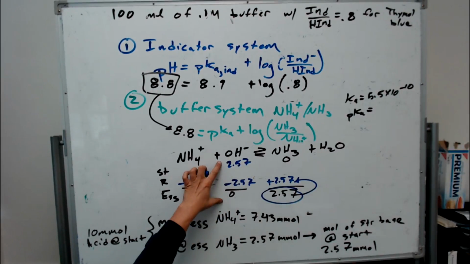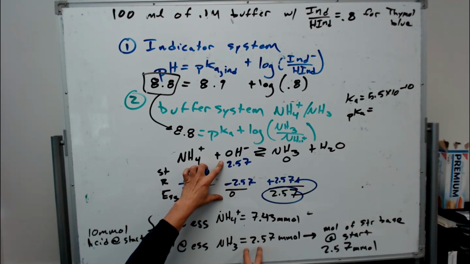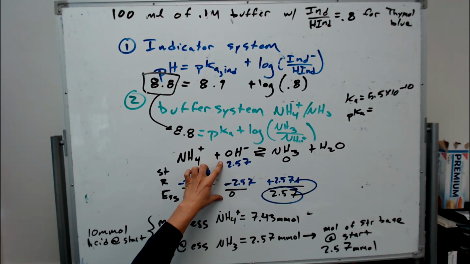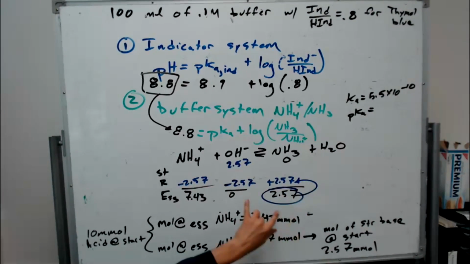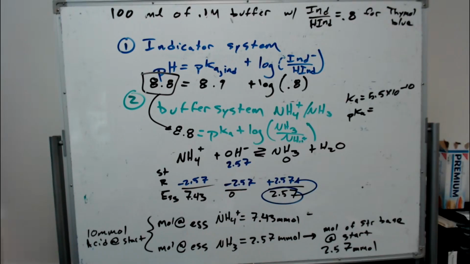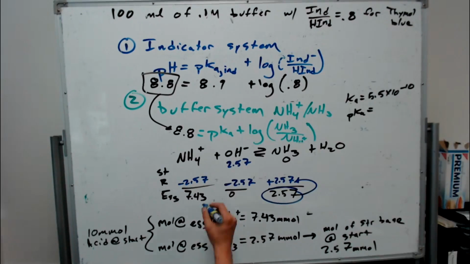This line is what tells me my moles of NH3 at the excess point are the moles of hydroxide that I start with, because I want to make sure that my moles of hydroxide are the limiting reactant. And that's why I've got minus 2.57, minus 2.57, plus 2.57. It's because my hydroxide is the limiting reactant. You'll also notice there's a 1-to-1 ratio through all of those that we're not worrying about.